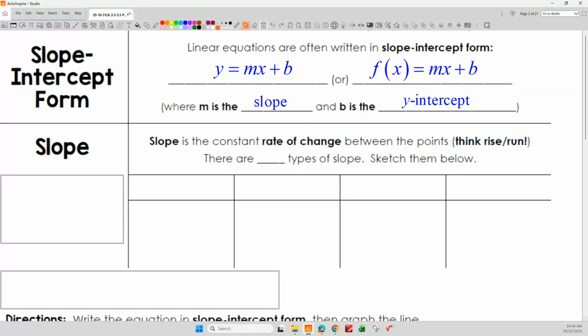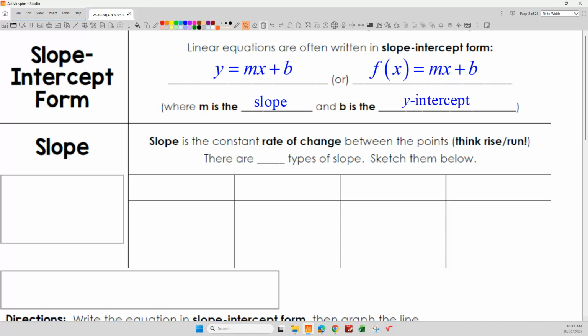So what's that mean? Well, let me ask you this. If I have an xy plane up here, how many lines could I possibly draw in the infinite xy plane? An infinite number. Yeah, there's an infinite number of different possible lines that I could graph in the xy plane. How do I choose one compared to the others?